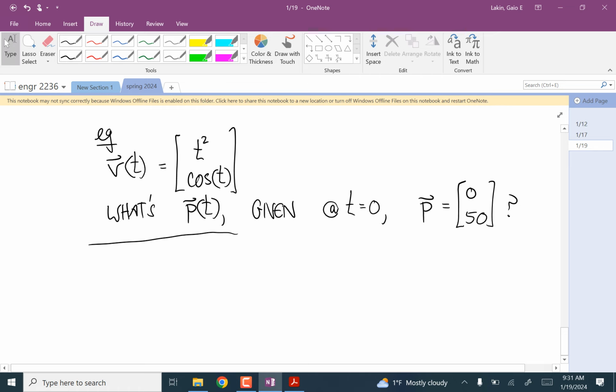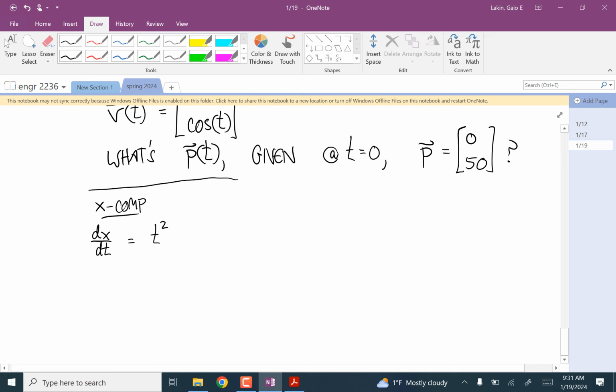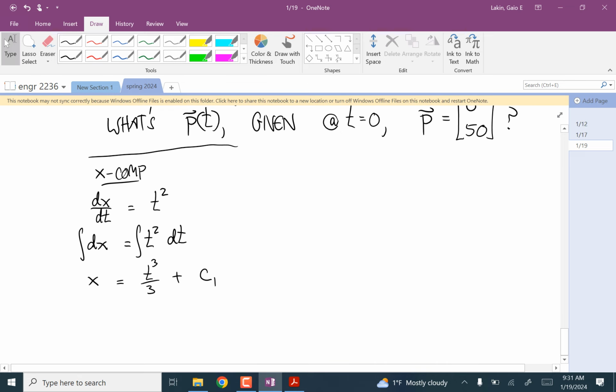So I'm going to do the x component first. I'll write it as dx/dt is equal to t squared. Separate variables. dx is equal to t squared dt. Integrate both sides. x is equal to t cubed over 3 plus, I'll call it C1. Now we'll use the boundary condition.